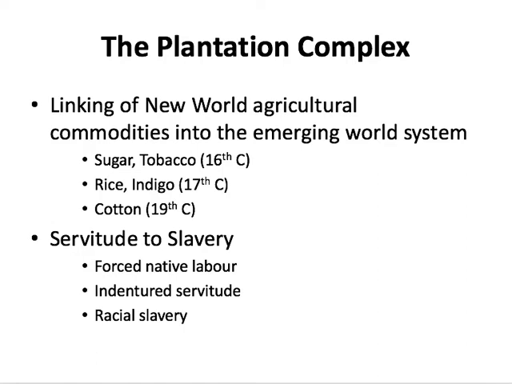Firstly, the demographic collapse that took place, specifically in the case of slavery in the mines. This is before we get to plantation agriculture, but the slaves that were first brought to the Americas were mostly working in mines, and some plantations that may have existed along the northern coast of South America, what would be today Colombia and Venezuela.